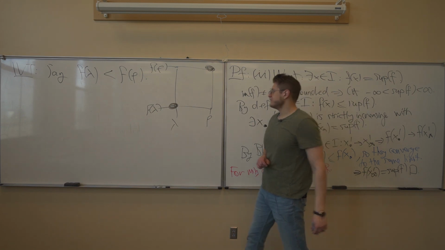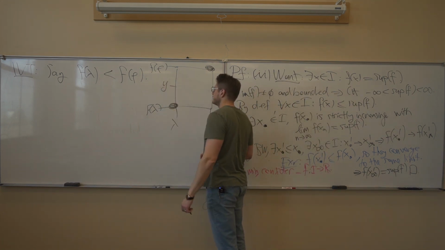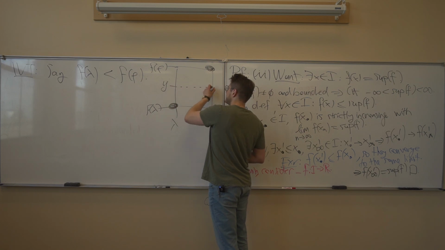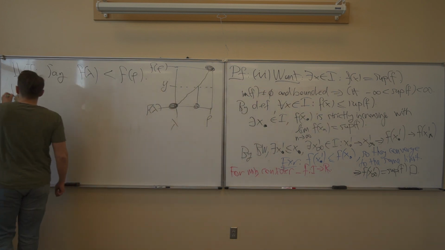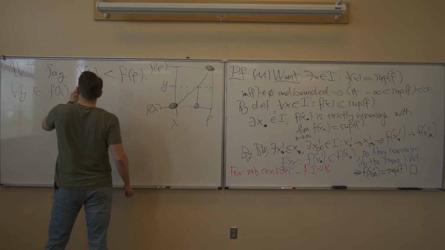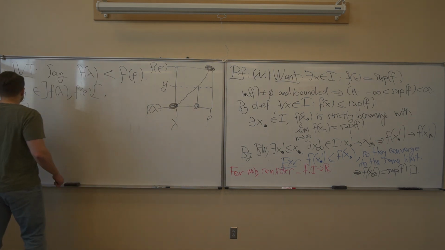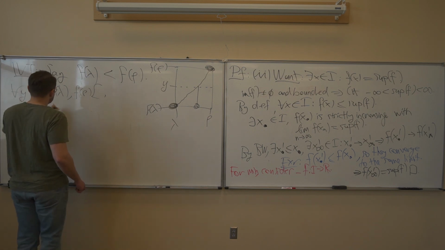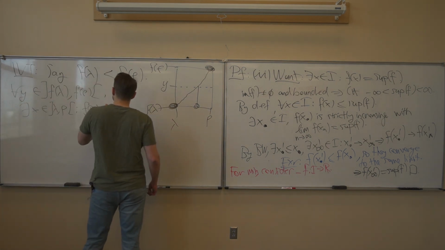Intermediate value theorem says that if I were to take any height y in between, there must be at least one value where f attains that y. So for any y between f of lambda and f of rho, there is an x between lambda and rho such that f of x equals y.